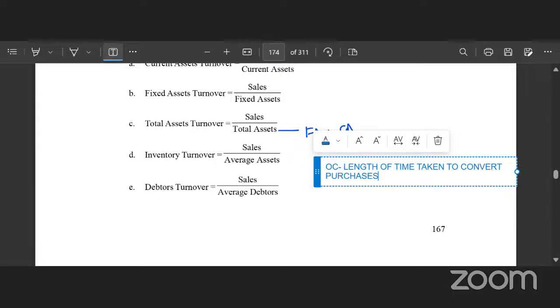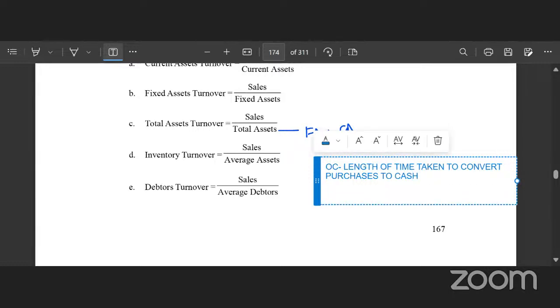You purchase raw materials from vendors, use them to manufacture finished goods, and sell. The sale creates receivables, and these receivables have to be converted into cash. So the net operating cycle is the length of time taken to convert purchases to cash.